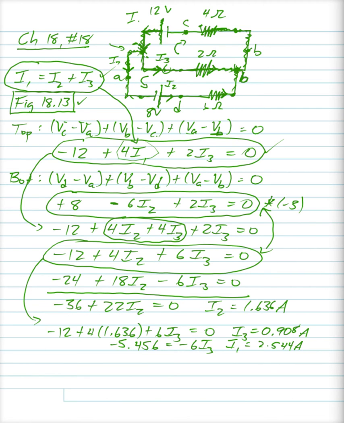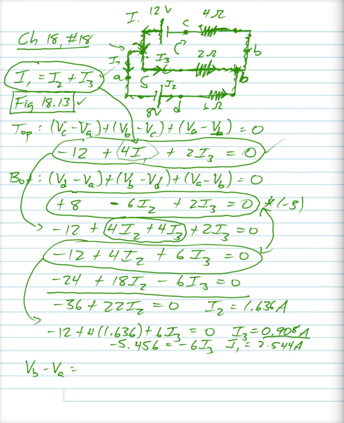From that, you can answer whatever you want. For example, if you want to know the current through the 2 ohm resistor, well, that's just I3. So that's 0.908 amps, and it points to the right. If you want to know VB minus VA, well, we've already got that.